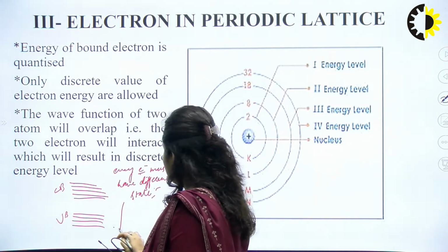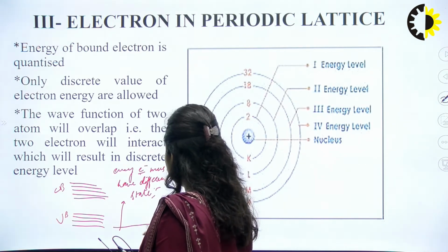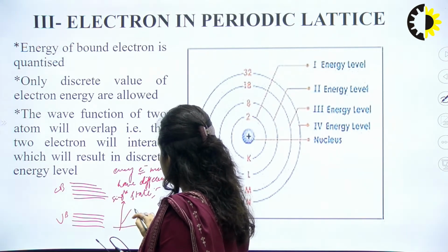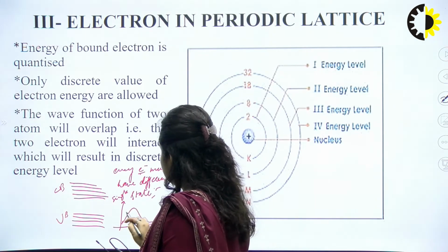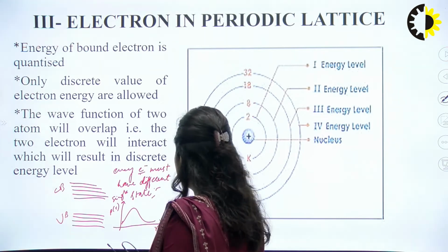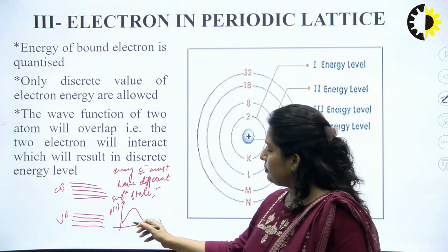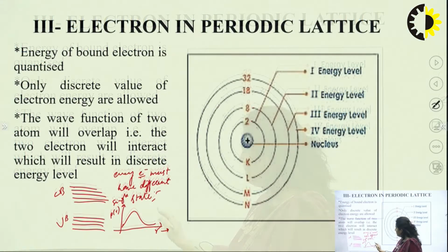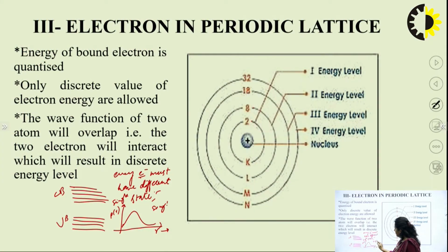We can draw a diagram for a single atom, which shows the probability of an electron in a particular state. The probability will increase first and then decrease radially for a single atom.